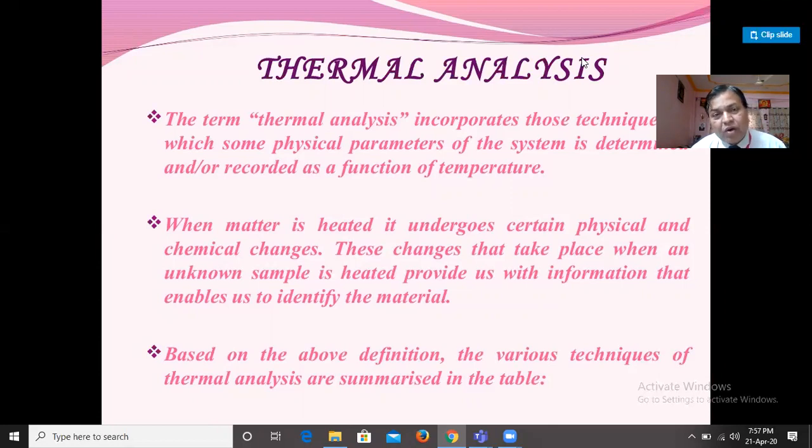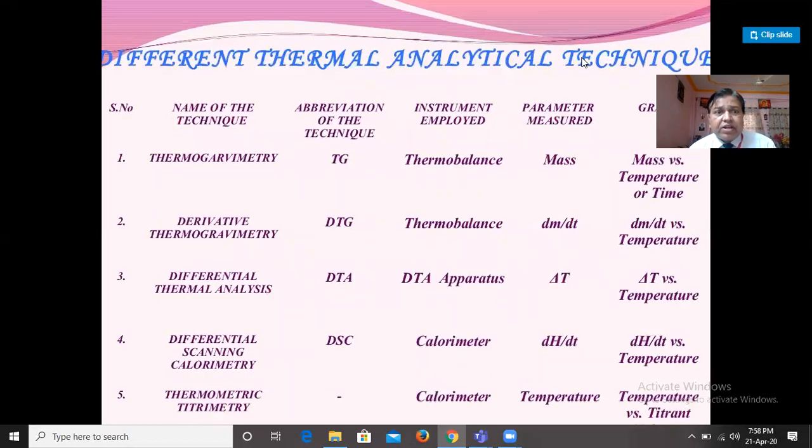We study or record the behavior of a material, an unknown compound or sample, at different temperatures, and as per the behavior of the material with thermal changes we interpret the compound, and do qualitative and quantitative estimation of that particular sample or compound by this thermal analytical technique. Different thermal analytical techniques here.